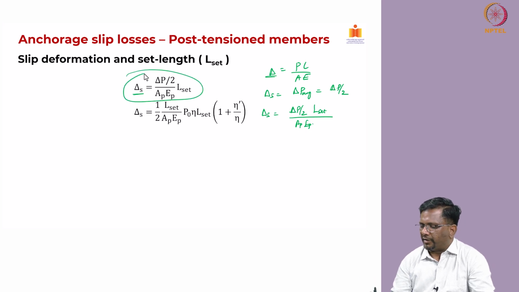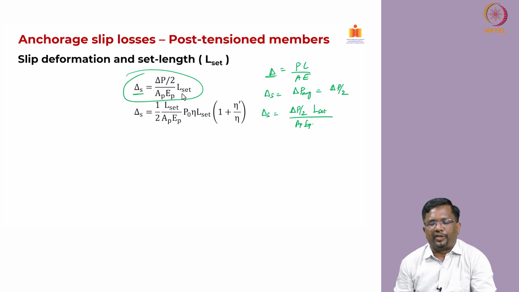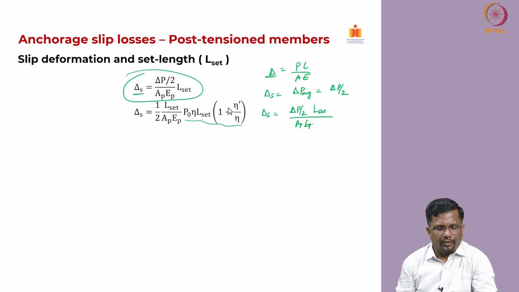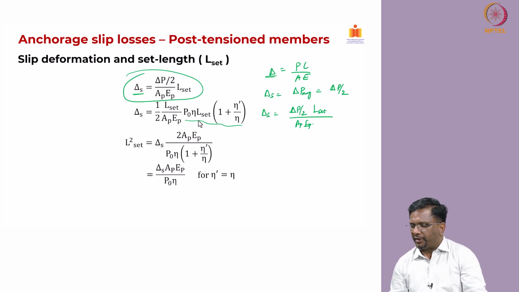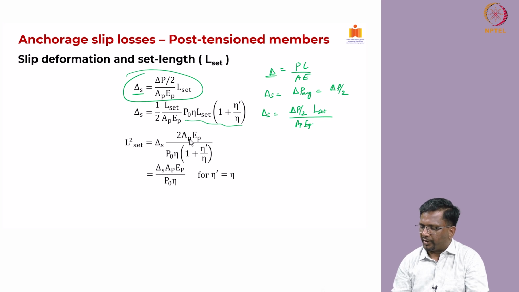So, we can write that as this. Now, if I write the expression for L set in here, then P naught into eta into L set times 1 plus eta prime by eta. And then if I substitute, so L is here, also you have L set, right. So, L set square. Now, I can find an expression for L set square like this.